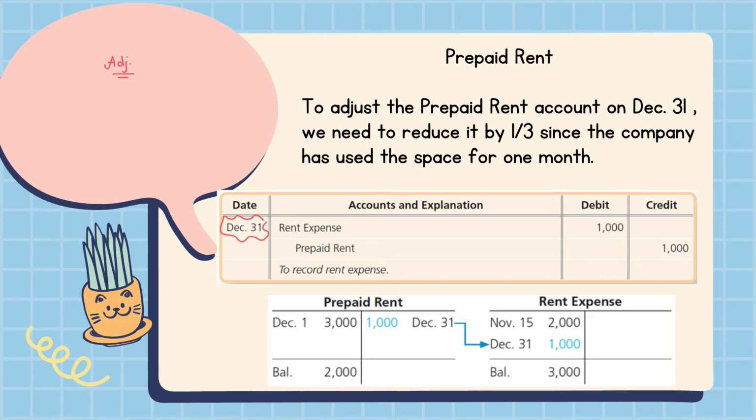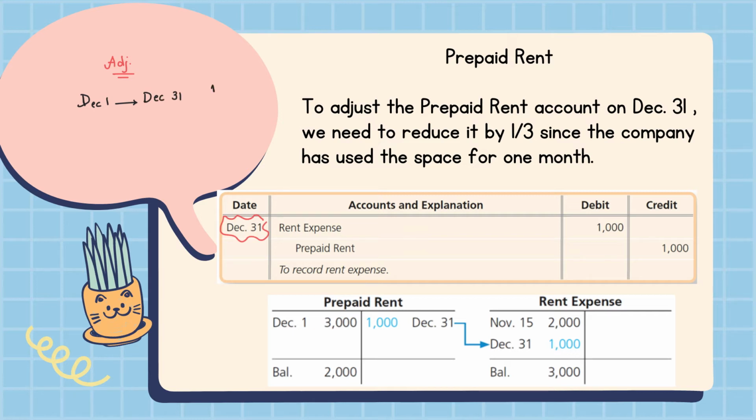Okay, since I use part of this prepaid rent because I use the property for 1 month, which is the month of December. Okay, so I use the place from December 1 until December 31.